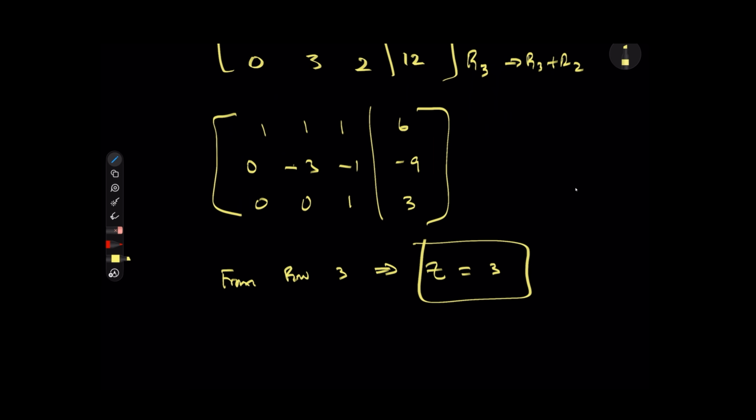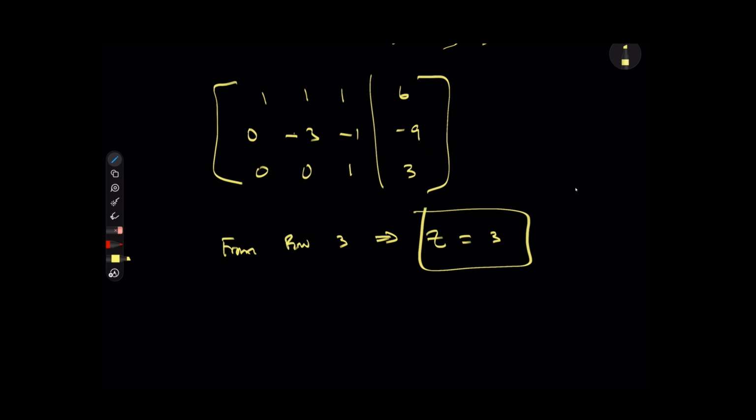So I already have what this variable is. I'm going to put z equal to 3 into row 2. From row 2, I have negative 3y minus z is equal to negative 9. Negative 3y minus 3 is equal to negative 9.